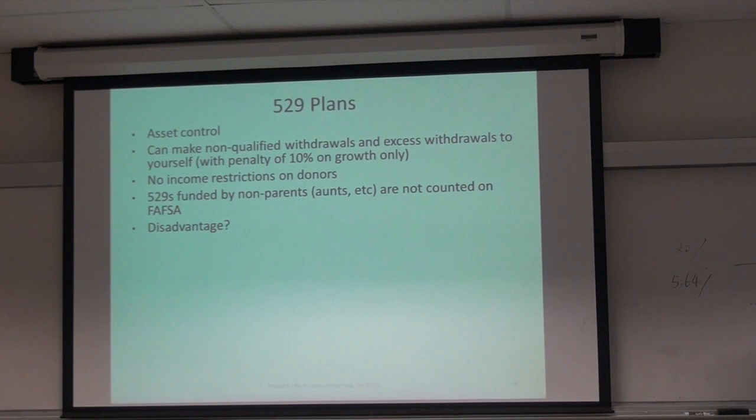What else? Any other answer? If every time you withdraw it, you have to pay the tax on it, right? Not pay the tax, they will figure that as your income.